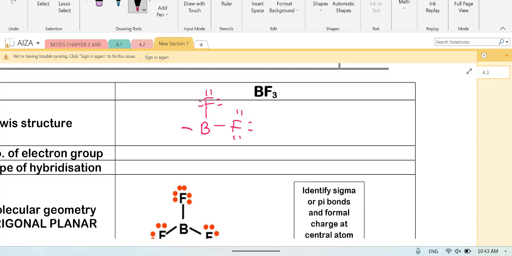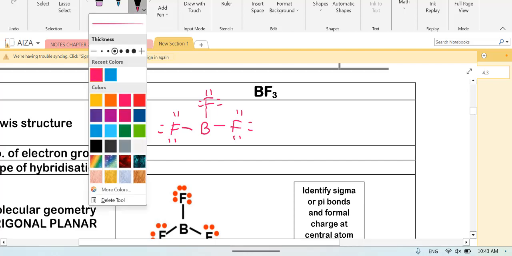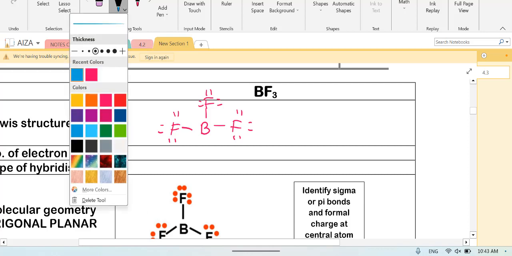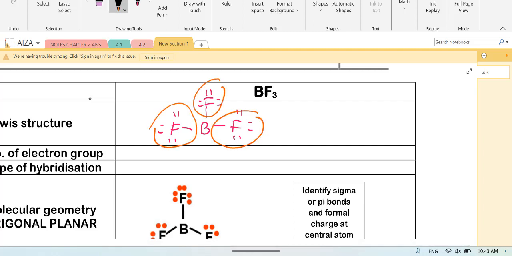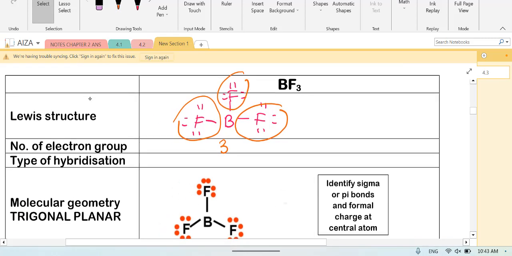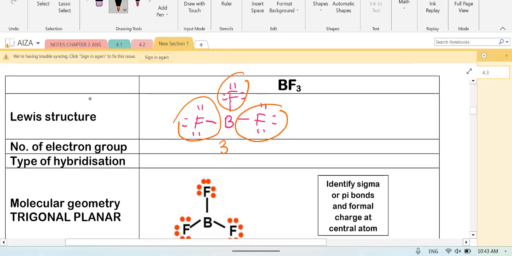In this case, the central atom has an incomplete octet, an exception to the octet rule. Then we look at the Lewis structure and determine the number of electron groups. There are 3 electron groups, so the type of hybridization is sp2. There are 3 electron groups, and the letters are also 3, spp.